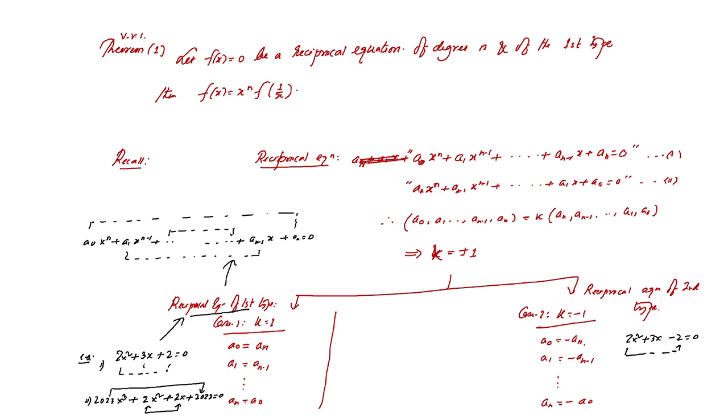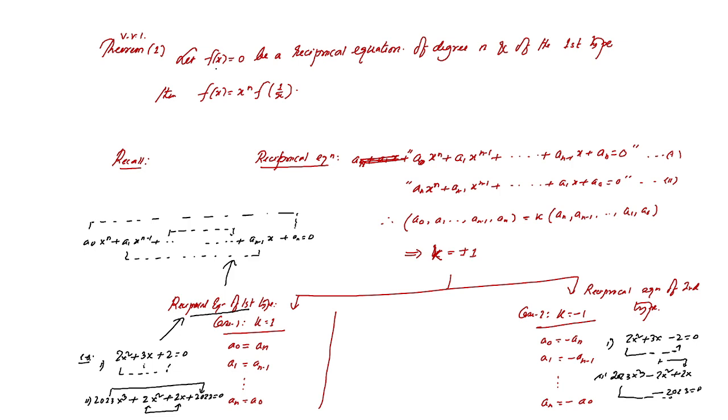Or you can take the example 2023 x cube minus 2x square plus 2x minus 2023 equals 0. Here the first and last are equal in magnitude but opposite in sign, and the second and third are also equal in magnitude. So from that observation you can conclude which type the reciprocal equation is, first type or second type.